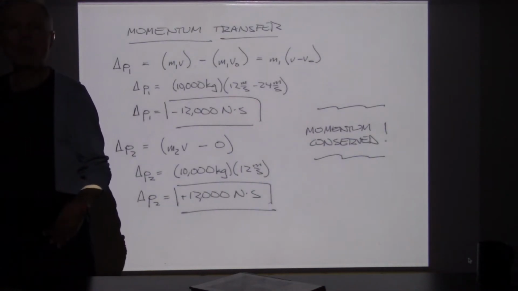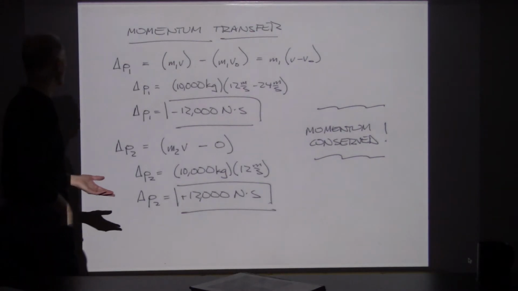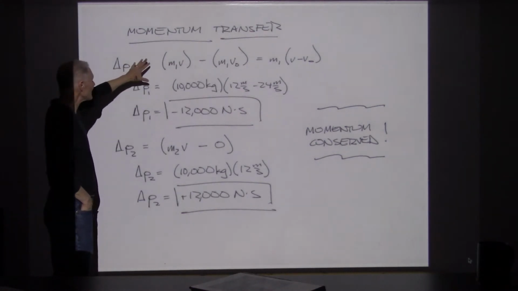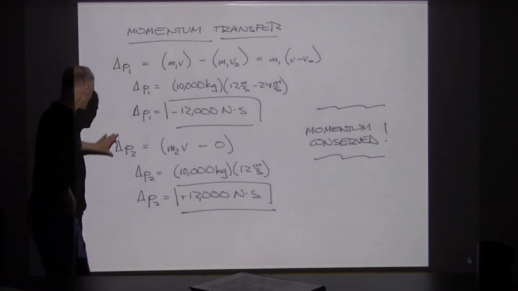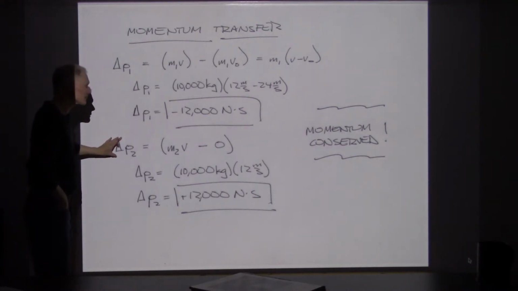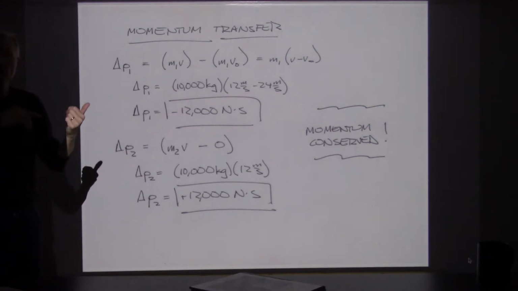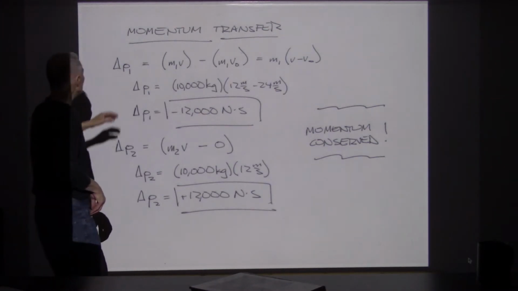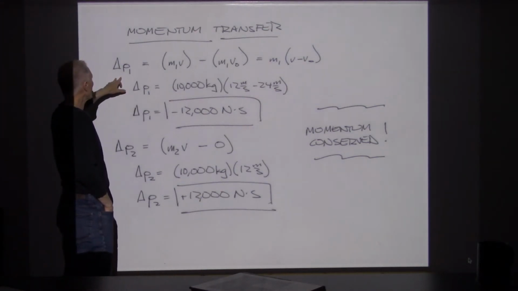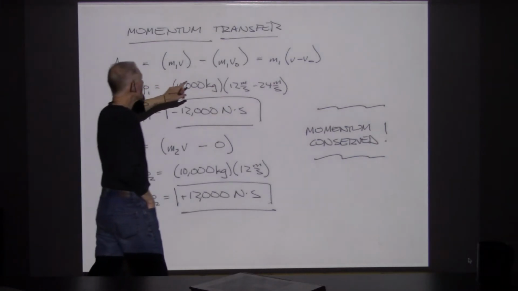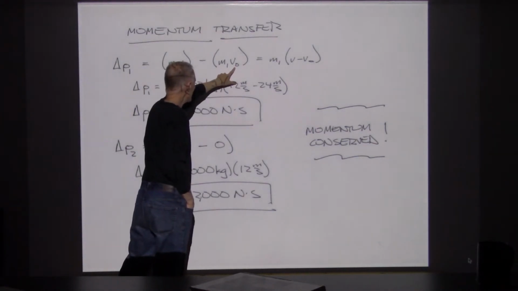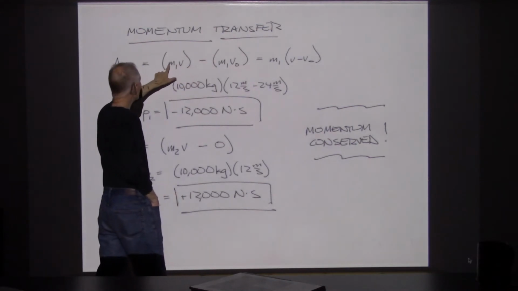Now, here is the momentum transfer worked out. To calculate the momentum transfer, I have to look at the two objects individually. So if I follow object 1, it started out with momentum m1 v0, and it ended up with m1v.